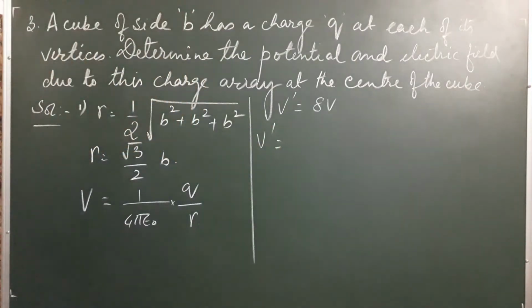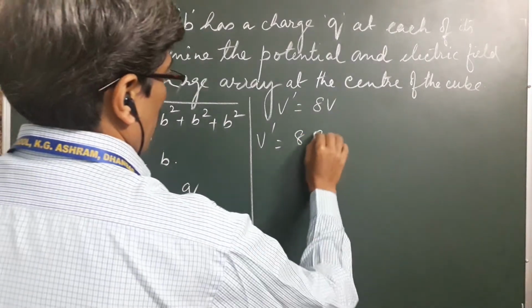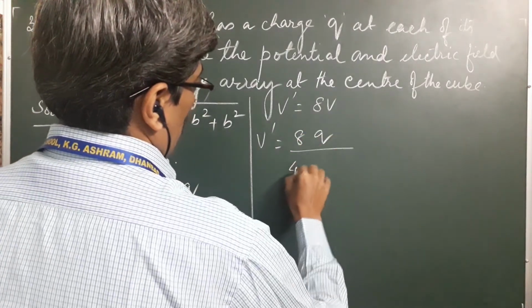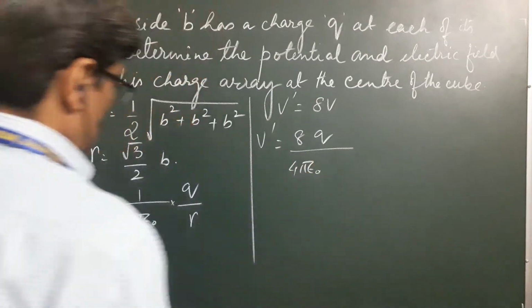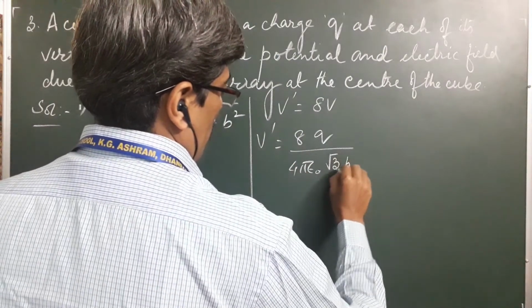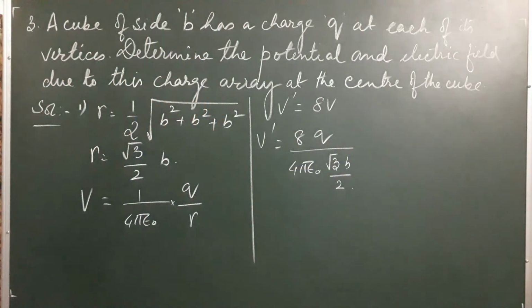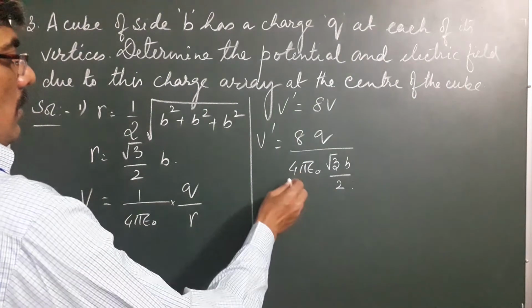V dash equals 8q by 4 pi epsilon naught, and the value of r is root 3 b by 2. You can put the value, right?